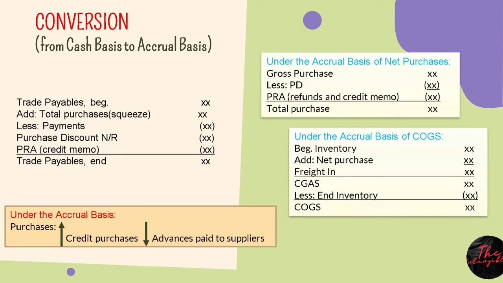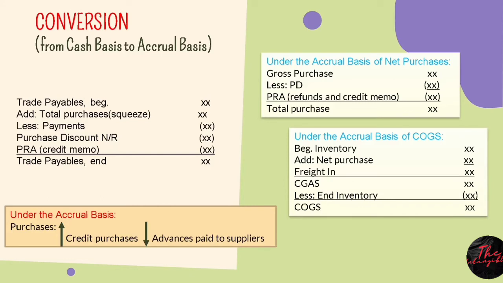Same with sales is the computation for purchases. Doon sa cash basis of accounting, ang purchase returns and allowance na isinasama sa net purchase ay only cash refunds. But in accrual, cash refunds and credit memo must be less to get the net purchase, which also coincide to the computation of cost of goods sold.